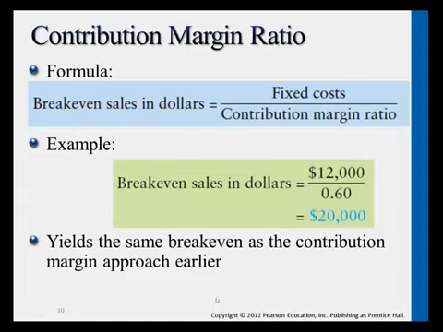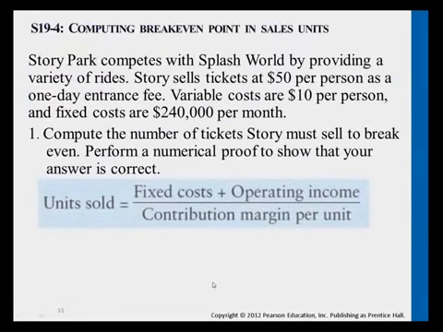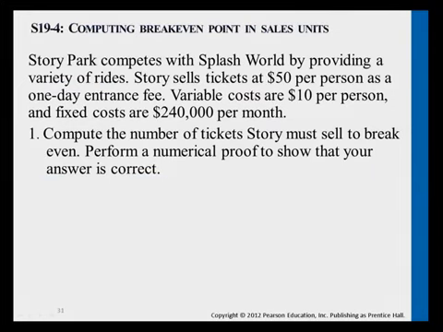Okay, so my contribution margin ratio yields the same break even as the contribution margin approach that we just discussed. My sales per unit was $200, and my contribution margin per unit is 120, in other words. So let's try an example really quick.